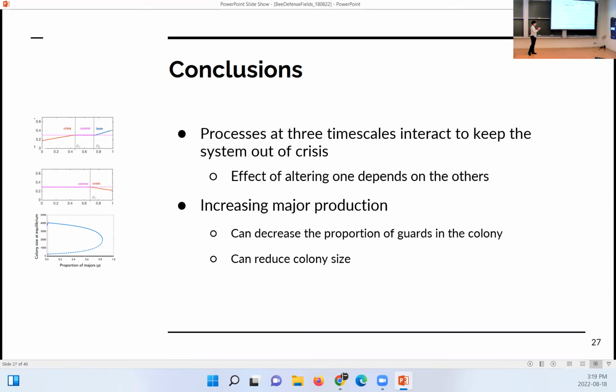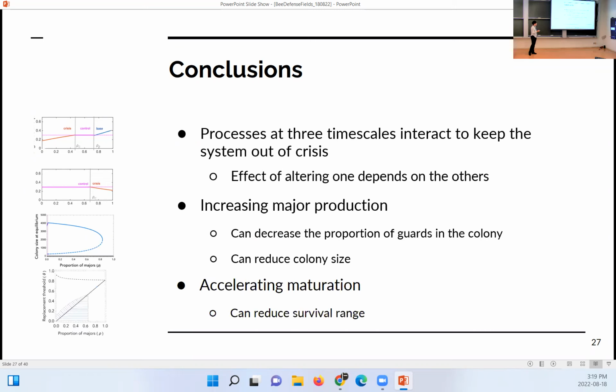So it will really depend on the others. And also accelerating maturation, that could seem like a reasonable way to respond to the demand for soldiers, may also reduce the survival range where the colony can exist.